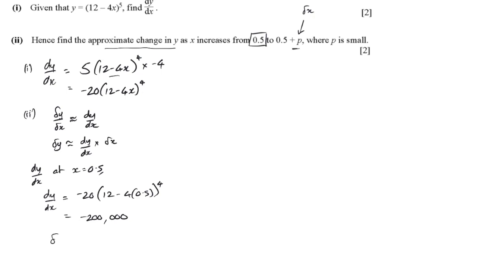So now this delta y, this approximate change in y, is going to be equal to this minus 200,000 times by our approximate change in x. Remember, all I've done is just basically plugged the minus 200,000 into this, where this here was the minus 200,000.